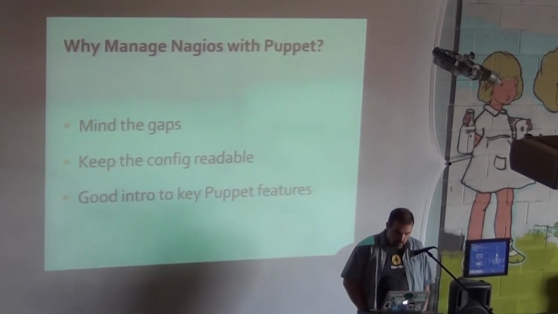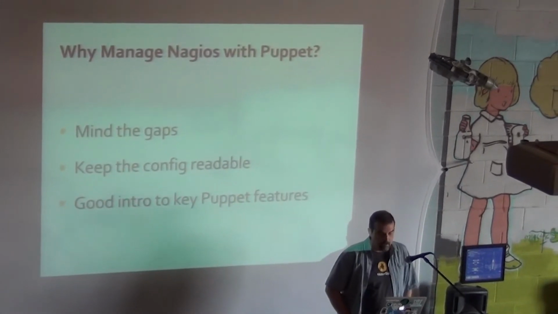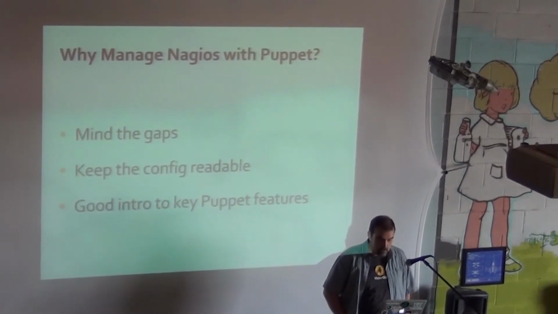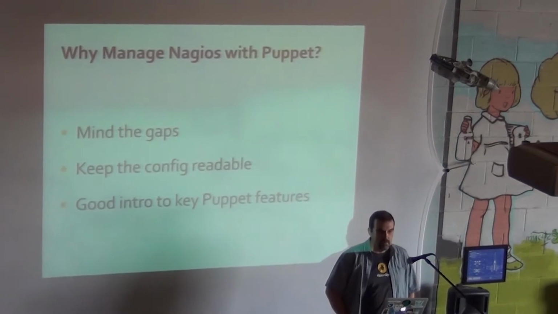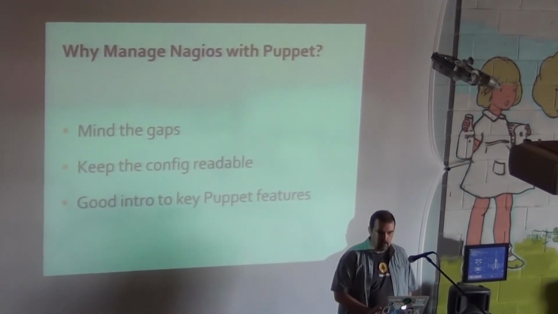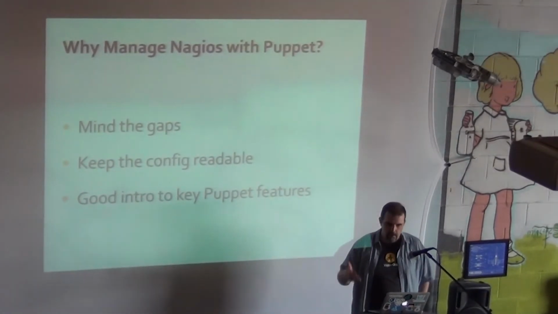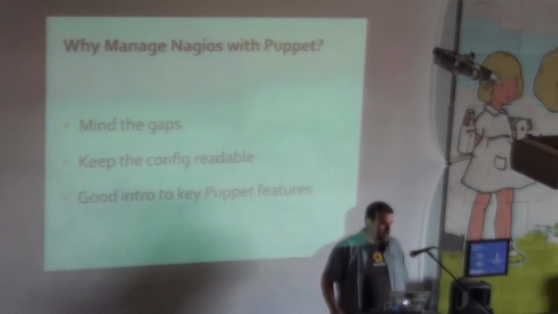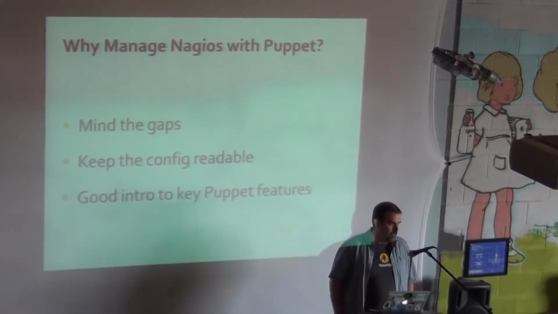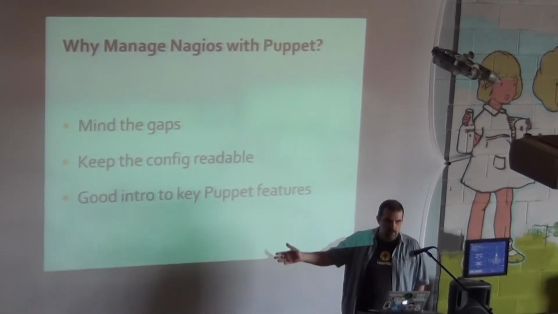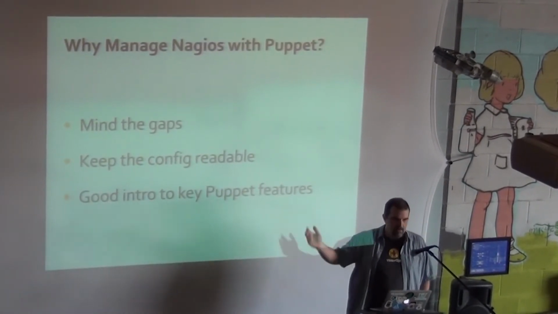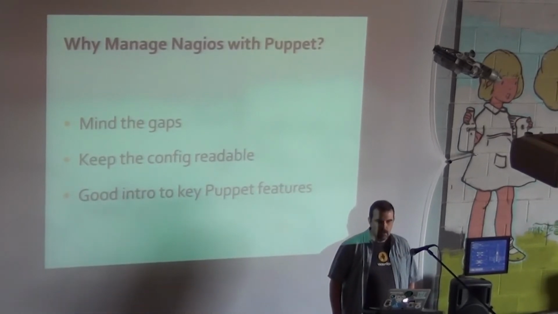There's a few good reasons. First, it helps avoid monitoring gaps by adding new hosts and services as soon as they're provisioned. I don't know how many times over the course of my career I've built a host, rolled it out, managed the applications, got it up and running in production, and then 3 weeks later when the thing goes down, I realized I never added it to the Nagios config.